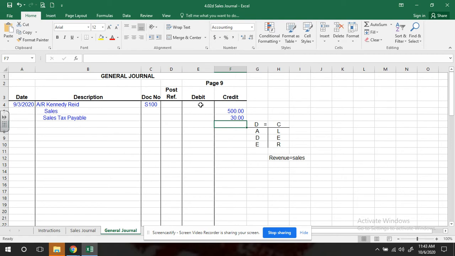And then here we put equals F5 plus F6. So it shows that Kennedy owes us a total of $530. 500 of that is going to go to sales, which again, sales is revenue over here. And the sales tax payable is a liability.